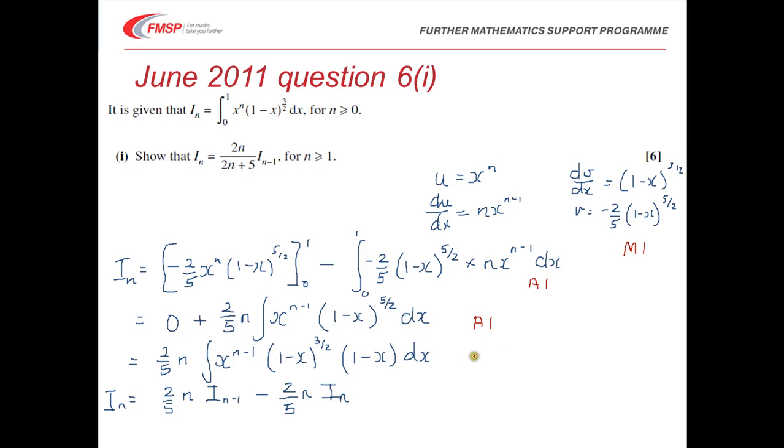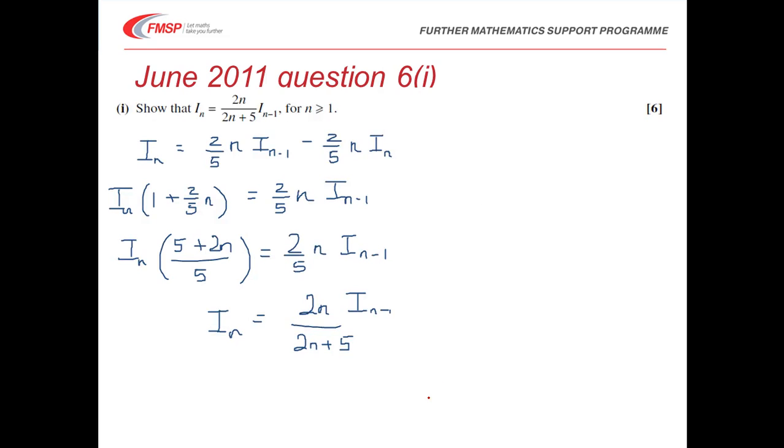A method mark for seeing that you had to simplify and multiply out these brackets here, and an accuracy mark for getting to this stage. So actually you had 5 marks by the time you get to that stage, and then you just had 1 final mark for putting it in the correct form.